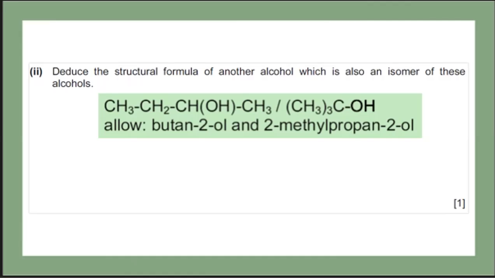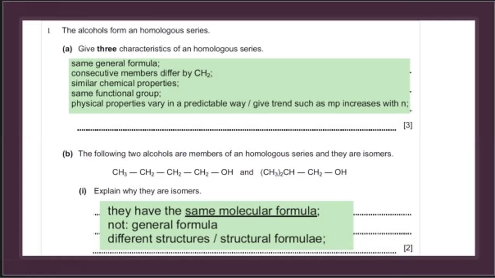All right, next question. Deduce the structural formula of another alcohol, which is also an isomer of these alcohols. Which alcohols are they referring to? They're referring to this alcohol here and this alcohol right here.